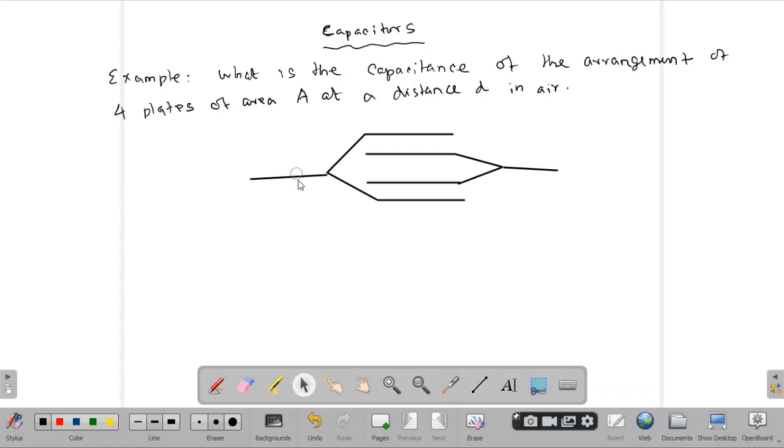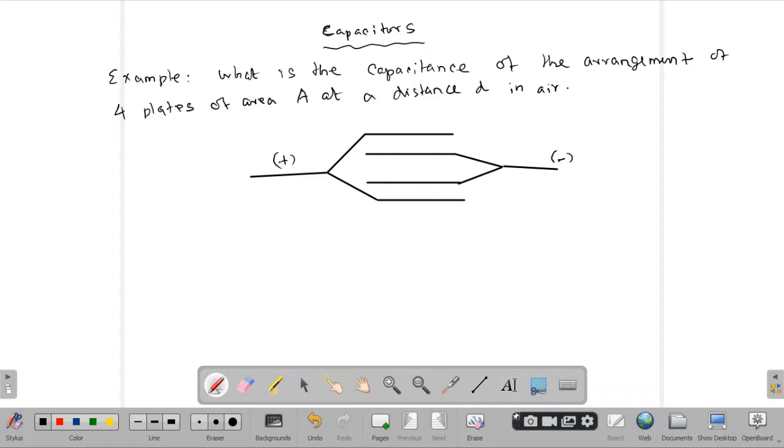So this is the given arrangement. This is plus, this is minus.